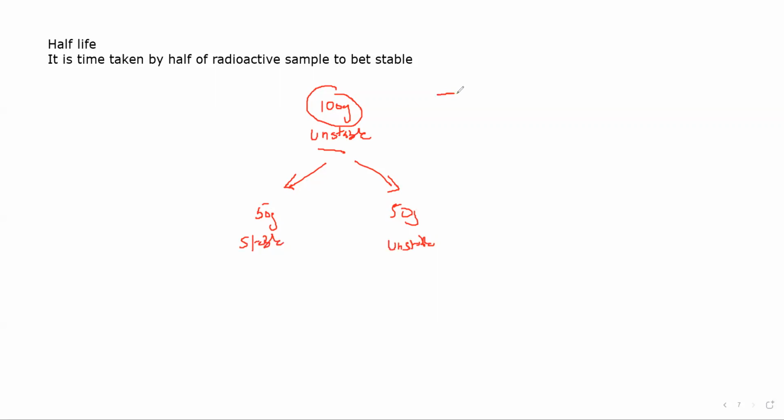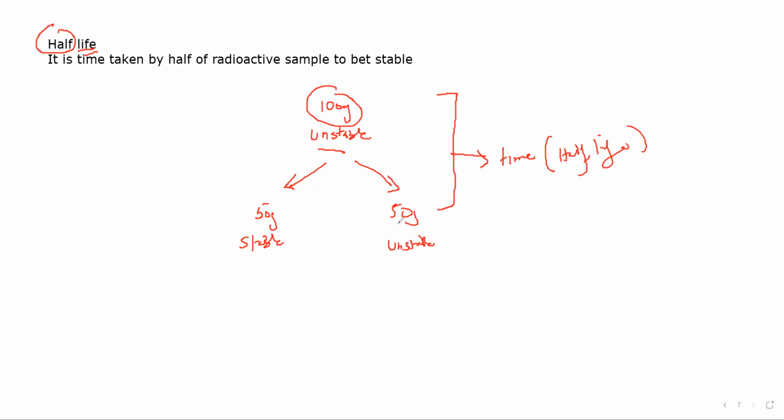The time it takes to change half of its original value to be stable, that time interval is known as half-life. From the name you can understand: half, and life here refers to time. So half time, or half-life.